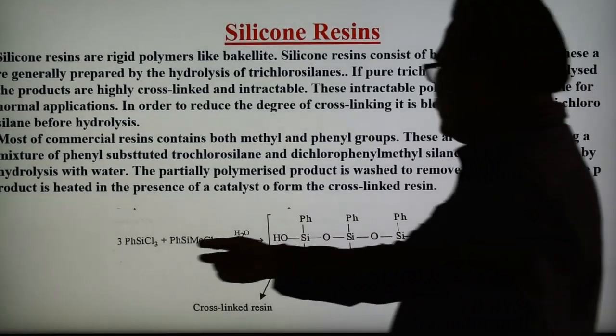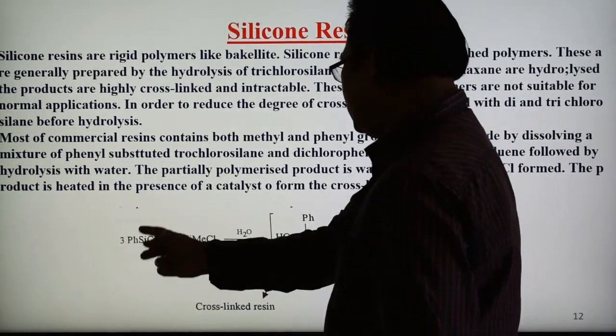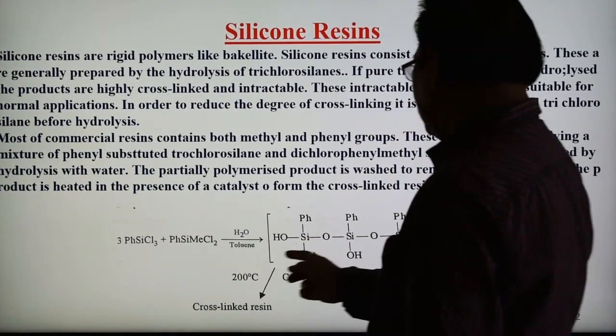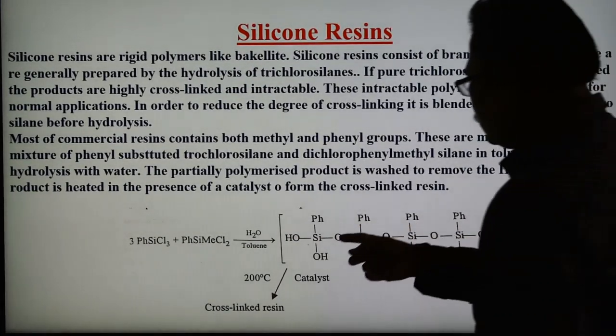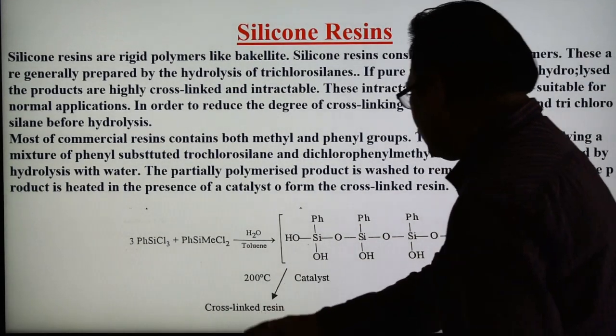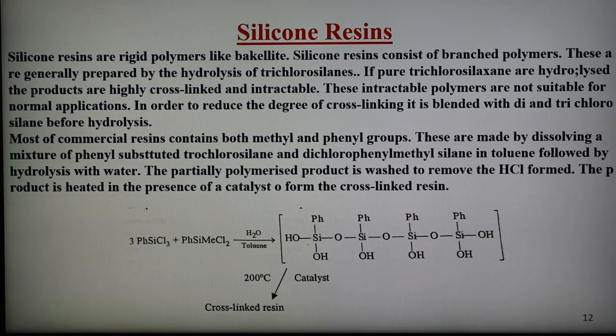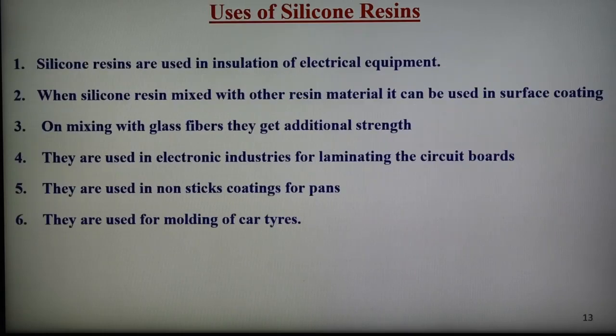In this way, this is one and another. These react in the presence of toluene, forming this long chain, and now these undergo polymerization in the presence of a catalyst, forming the cross-linked resin. Similar to bakelite, these silicon resins are also formed.